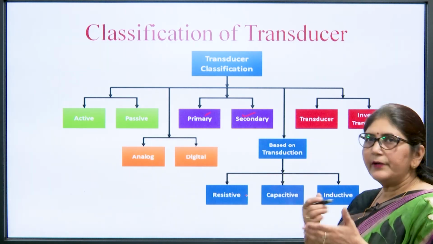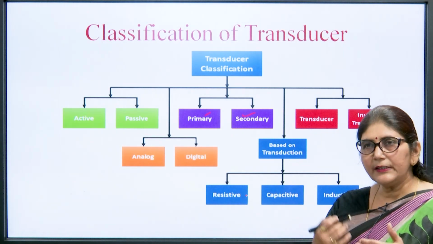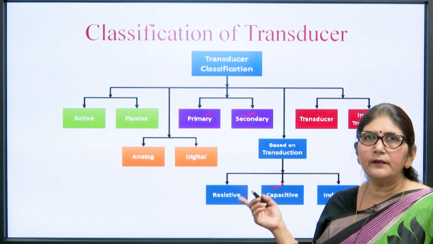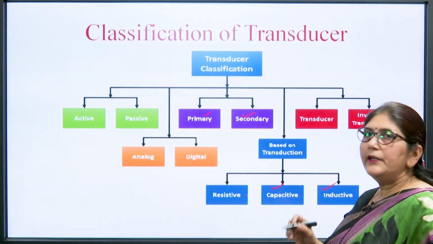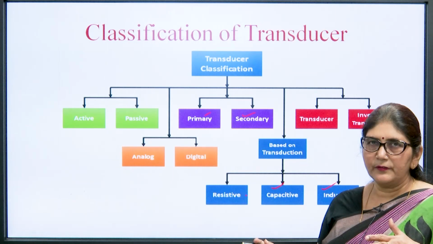When the physical quantity is converted into a change in capacitance, it is a capacitive type of transduction, and the transducer is known as capacitive type. Similarly, if there is a change in inductance, it is known as an inductive type transducer.